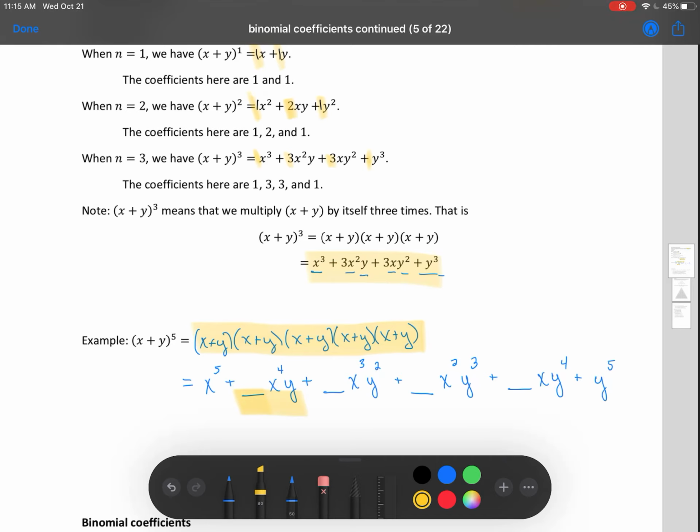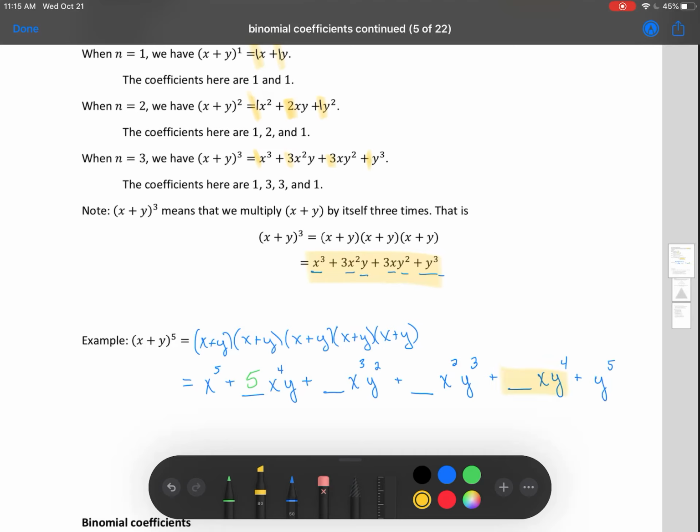It's a little bit easier to think about how many ways can we choose one of these 5 terms to give its y to us, to get this part of our polynomial here. And the answer is there's exactly 5 ways, right? There are 5 ways to choose one of these 5 terms to contribute a y.